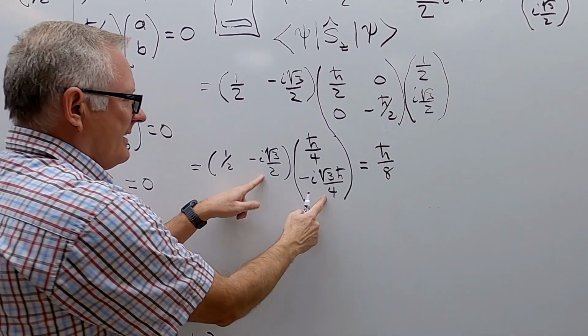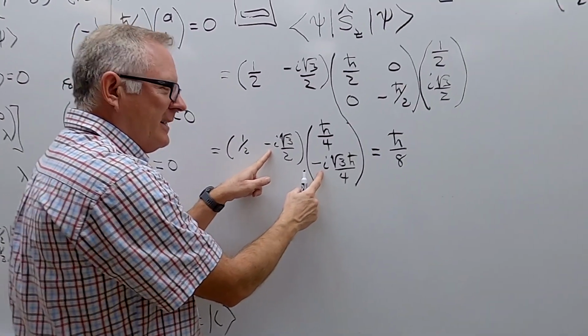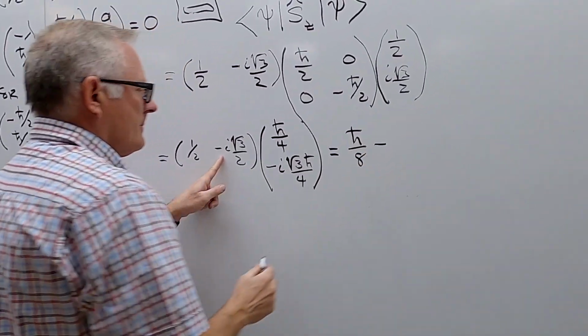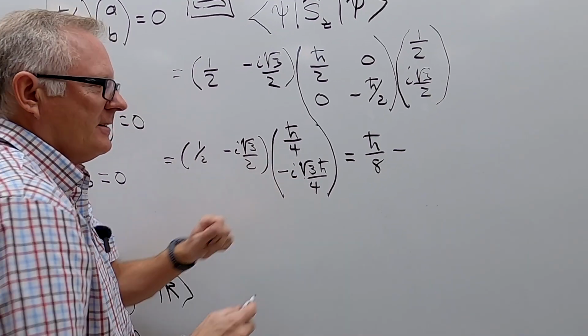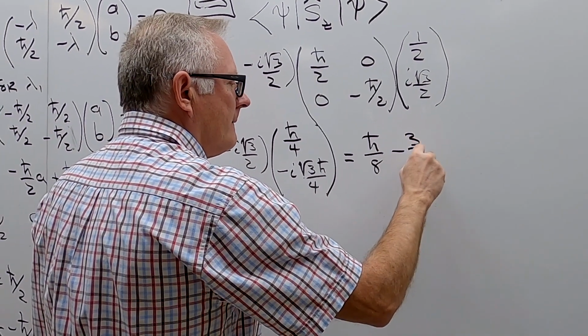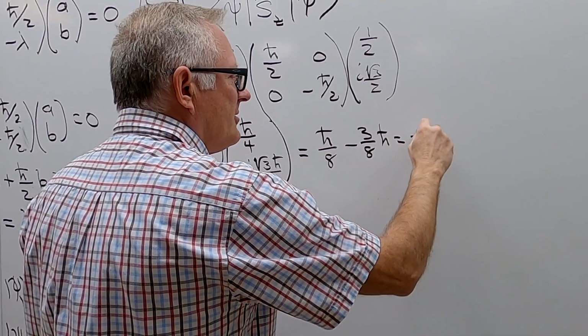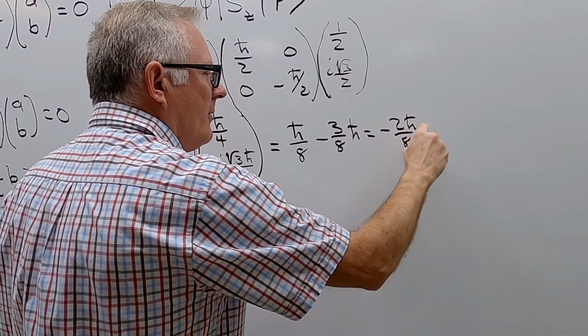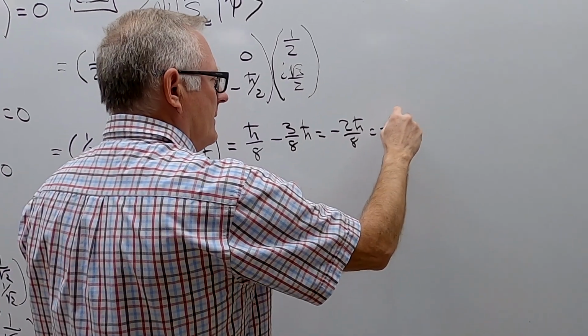And then the minus i and the minus i gives me a minus 1. The square root of 3 times the square root of 3, that's 3/8 h bar. h bar over 8 minus 3 is minus 2h bar over 8, which is minus h bar over 4.